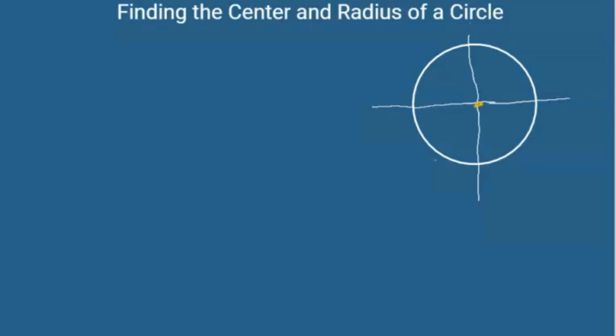So if this is our center, C, with coordinates (h, k), and this point or any other point around the circle has coordinates (x, y), it has a fixed distance r, and that is the radius.